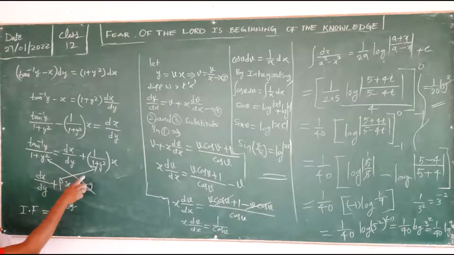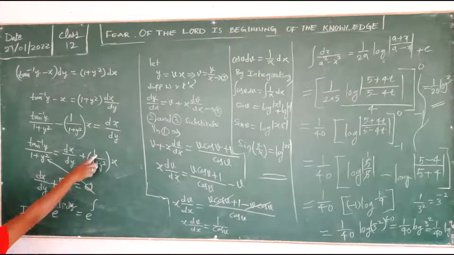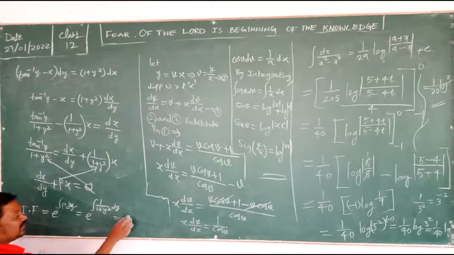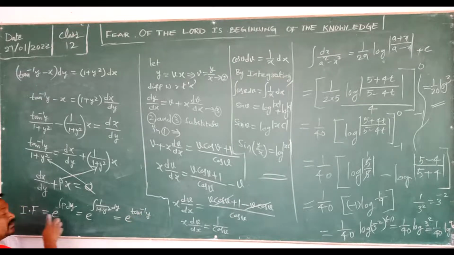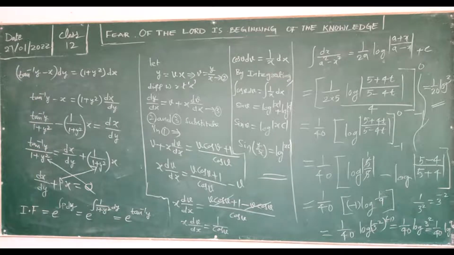Whenever x form is there, y you are going to get. Okay. e to the power of integral P means what do you know? 1 upon 1 plus y square, and here dy is there. You know that 1 upon 1 plus x square integral is nothing but tan inverse x, but here y is there, so tan inverse y. So e to the power of tan inverse y. So that is about your IF. So IF you found, then how to solve your problem.